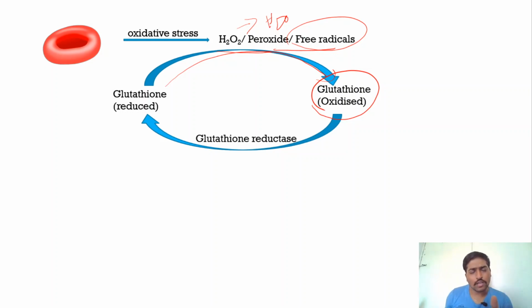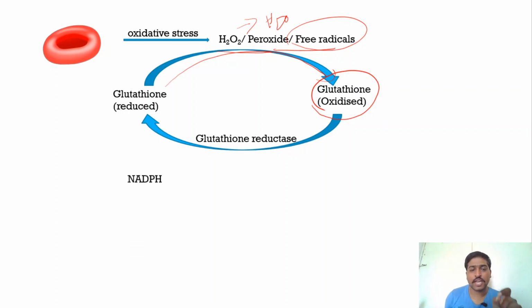This glutathione reductase converts the oxidized form of glutathione to the reduced form of glutathione. And this requires one coenzyme too, right? Enzymes always require coenzymes. The coenzyme used for glutathione reductase is NADPH.